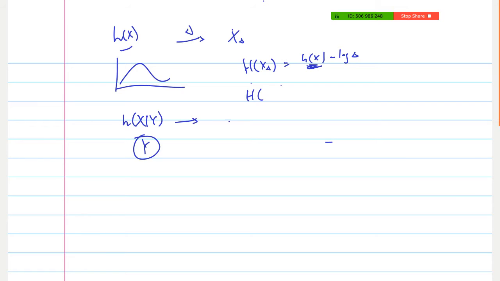Then again I can discretize it. If I discretize, again I will have some H of X delta. I can also talk about X delta given Y, something like that. And in the same manner, this will be similar to that.